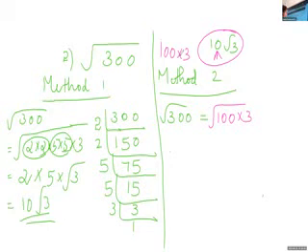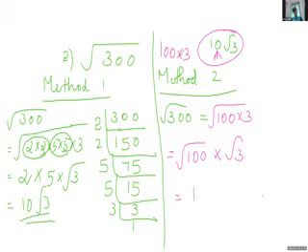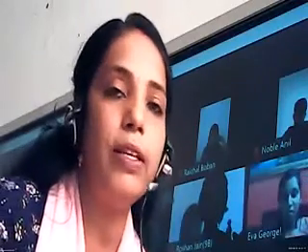Now you can separate it. Root 100 into root 3. What is the answer? Root 100's answer is 10, and root 3 you write as root 3 itself. So it is 10 root 3. I hope you understood. If you get the first method, it is easy for you to do the second method.